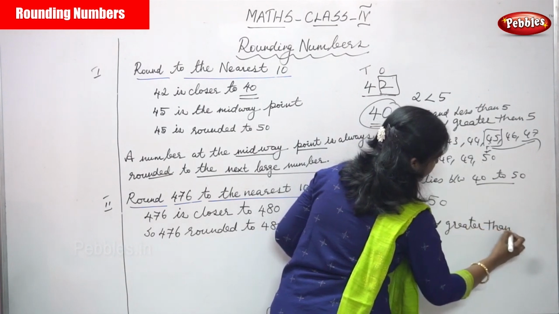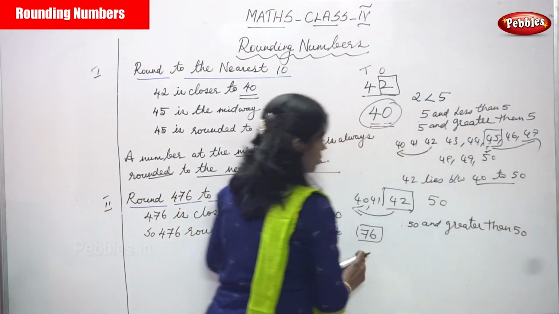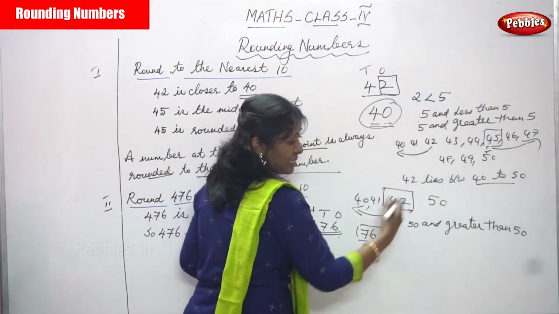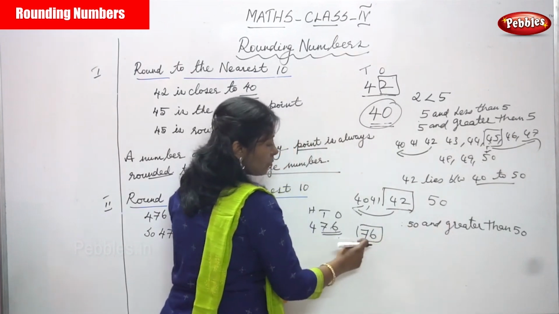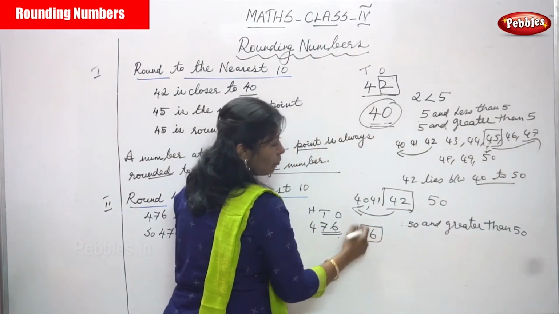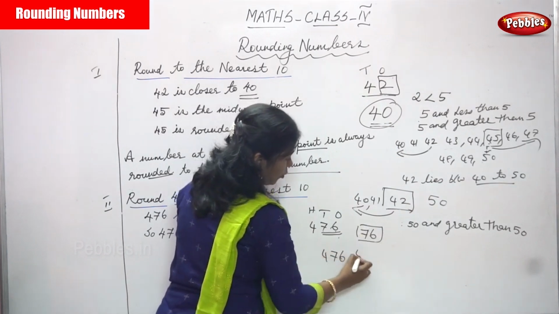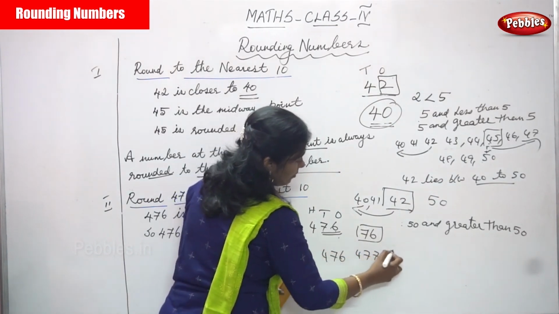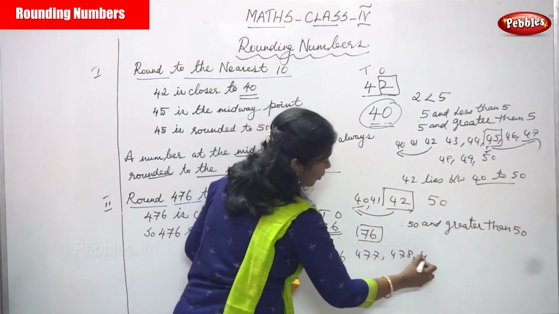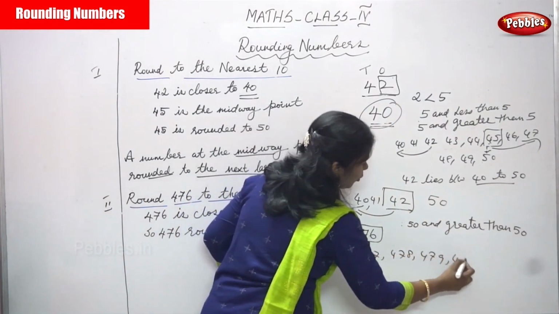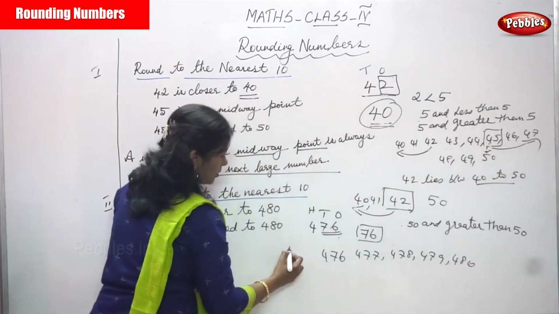It is also the next large number. So 476 becomes 480. So 476, 477, 478, 479 and 480.